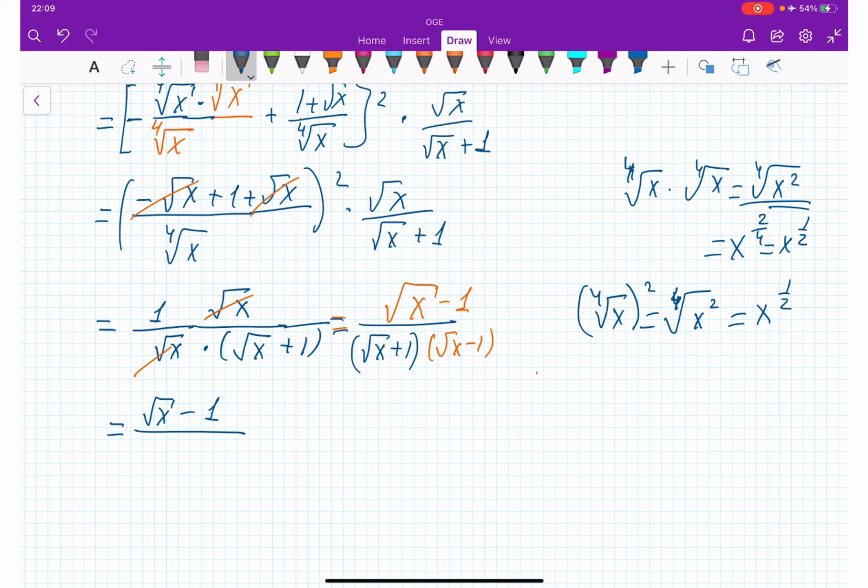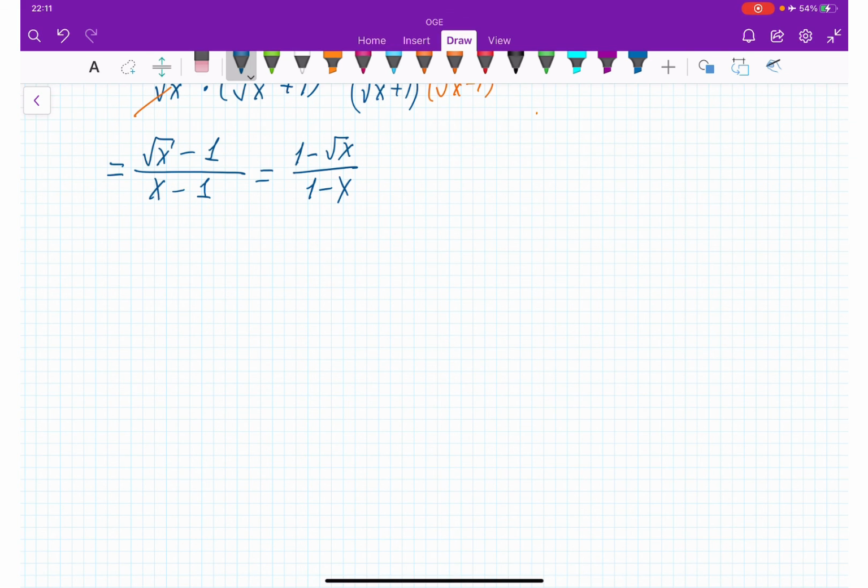And here we get also x, because (a plus b)(a minus b), that's going to give me x minus 1. Or if you like, you can write 1 minus square root of x. We're changing on both sides, that's why the negative sign doesn't stay there. Oops, I mean 1 minus x. I'm sorry, 1 minus x.